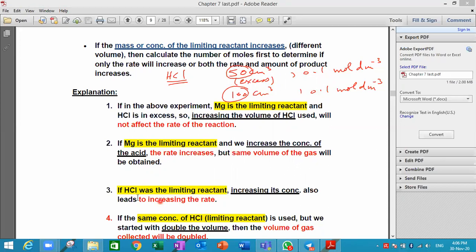Now, if HCl was the limiting reactant itself, if HCl was the one present in a small amount, then increasing its concentration will lead to an increase in the rate, but we didn't increase its volume.